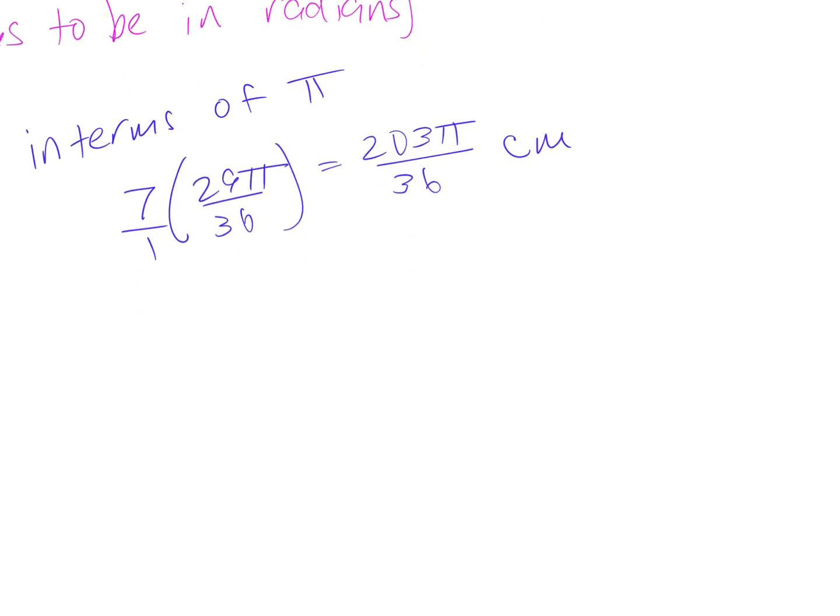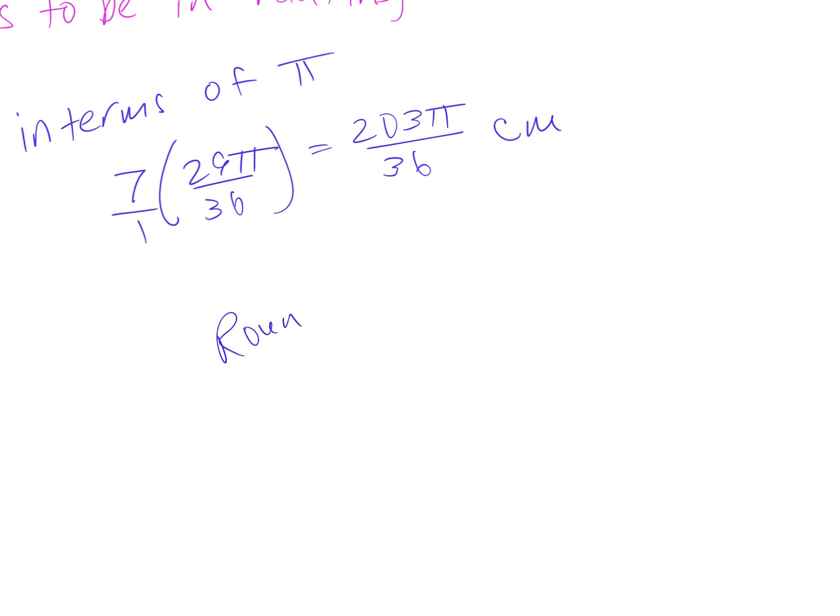If it says round to the nearest, what does that mean your answer should be? If you're rounding, what does that mean your answer is probably going to look like? A decimal. So if you were going to have a decimal answer here, you would say 203 times pi, and then divide that by 36, and you get 17.7.